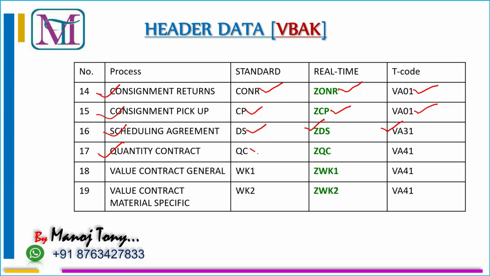Quantity contract, QC, new sales document type ZQC, transaction code VA41. Value contract general, WK1, newly created sales document type ZWK1, transaction code VA41. Value contract material specific, standard sales document type WK2, in real time ZWK2, and the transaction code is VA41.